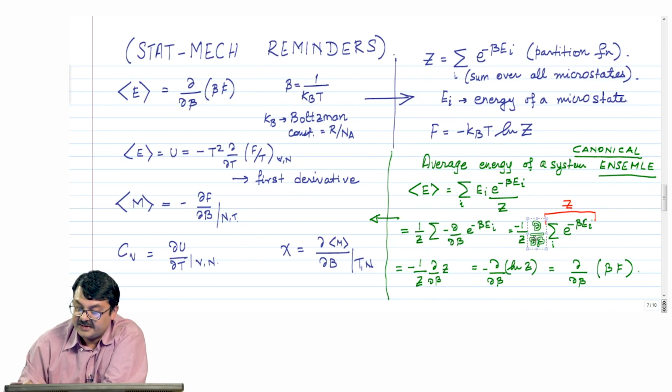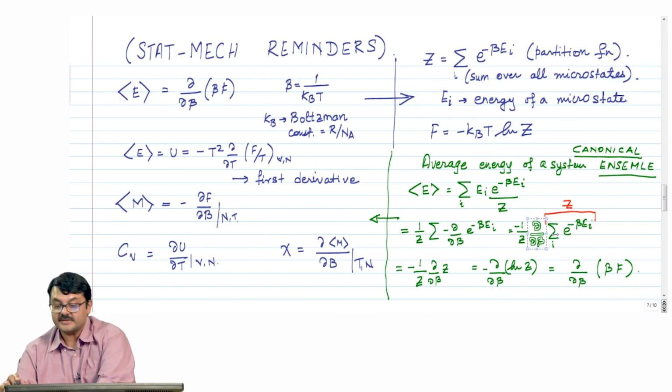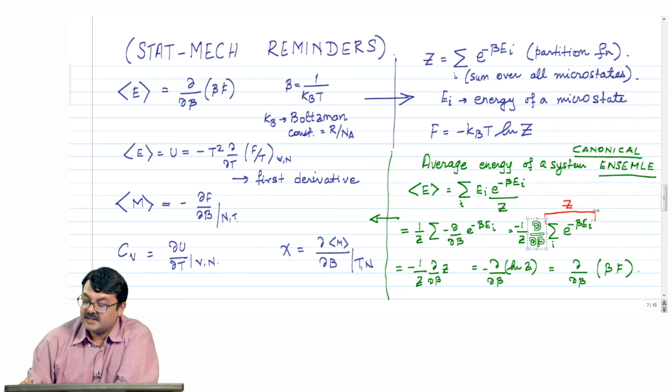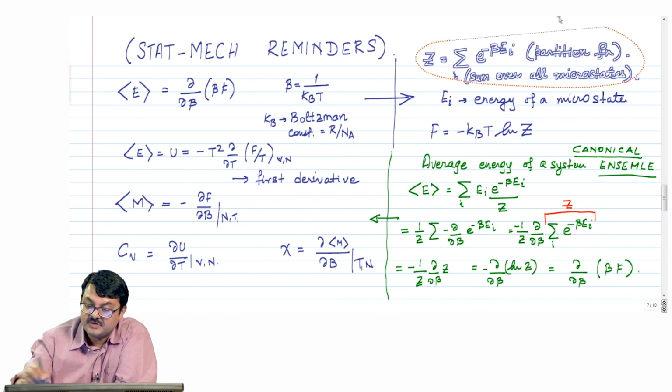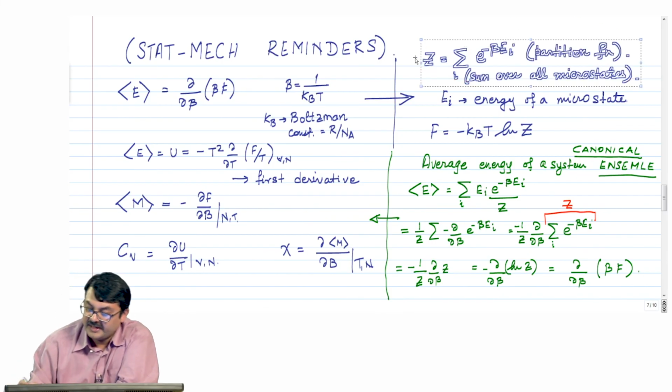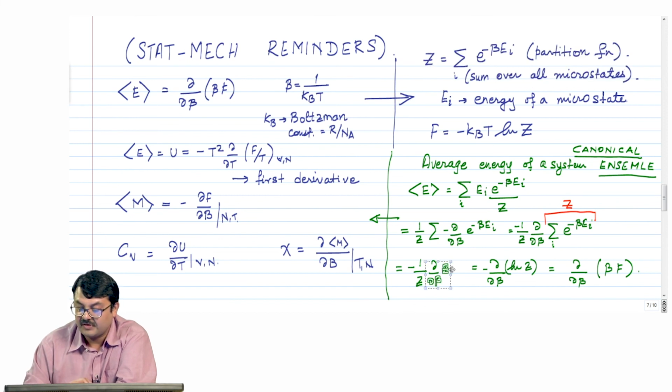Since you are taking a derivative with respect to beta, you can pull it out of the summation sign. The summation is over all microstates, and you shall see that the summation over i of e to the power minus beta E_i is nothing but the partition function. So, immediately you can write this as minus 1 by Z del Z by del beta.